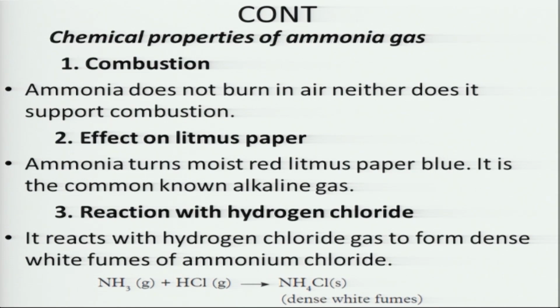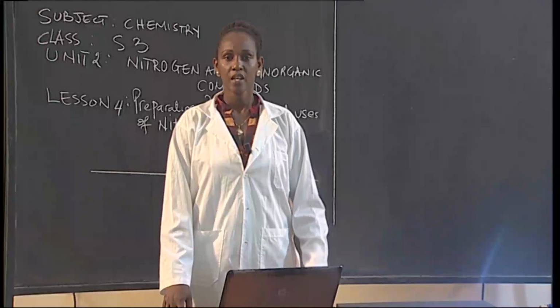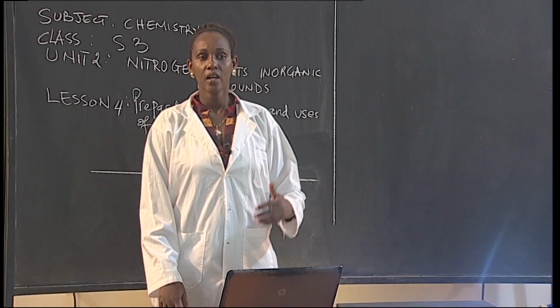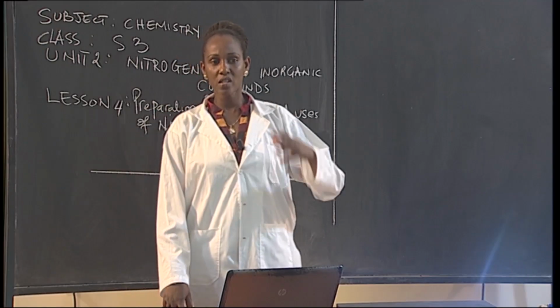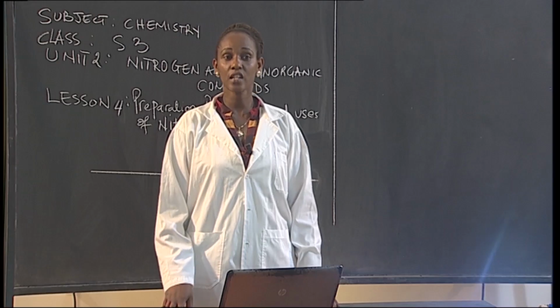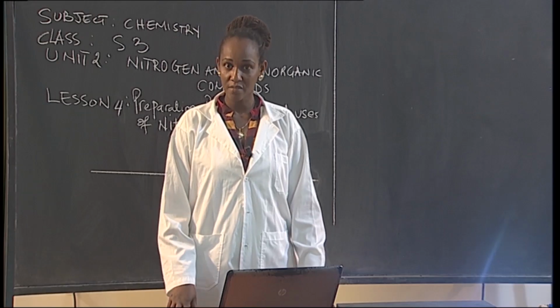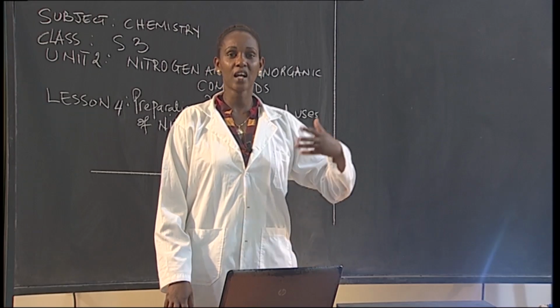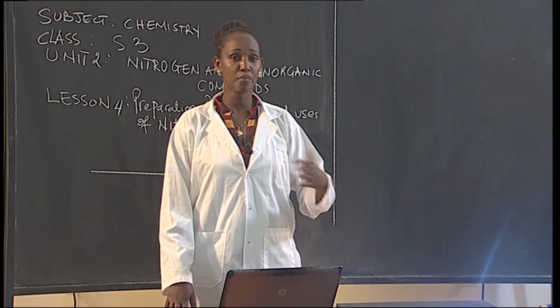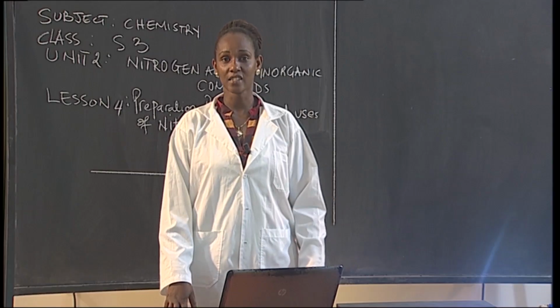Effect on the litmus paper. Ammonia turns moist red litmus paper blue. It is the common alkaline gas. I've talked of nitrogen dioxide being an acidic gas. For the case of ammonia, it is the basic gas. It's an alkaline gas.